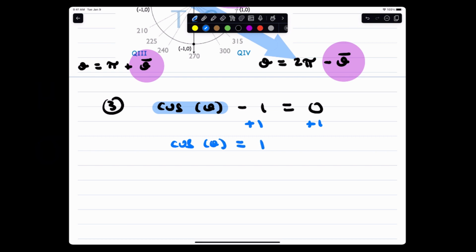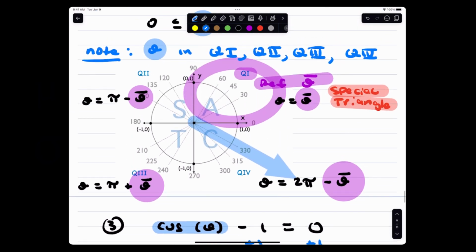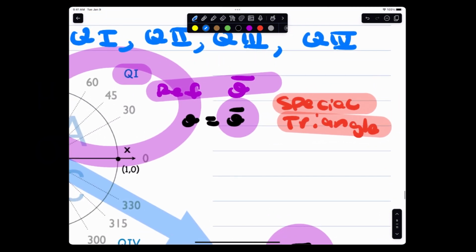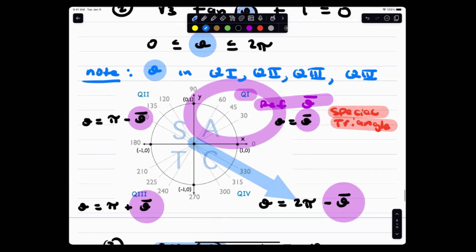Cosine theta equals 1. Now be careful here. Didn't I say to you most of your answers are going to involve a special triangle, but not all? What do you mean not all?